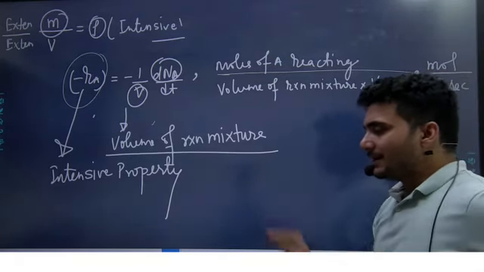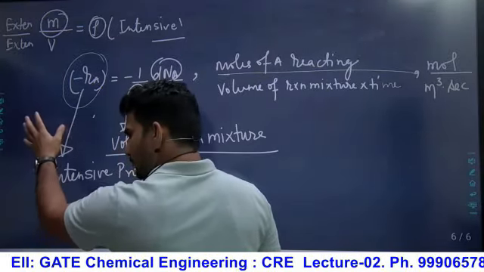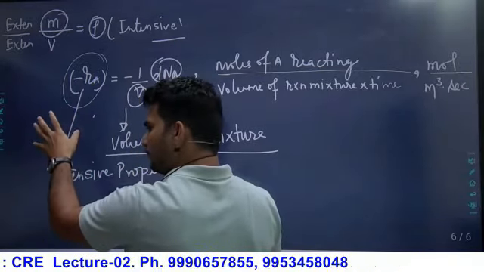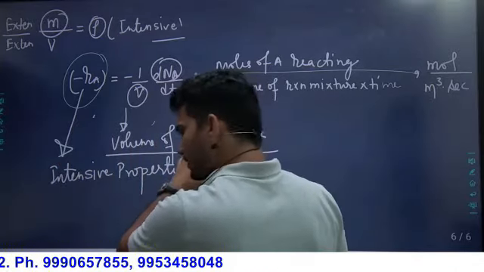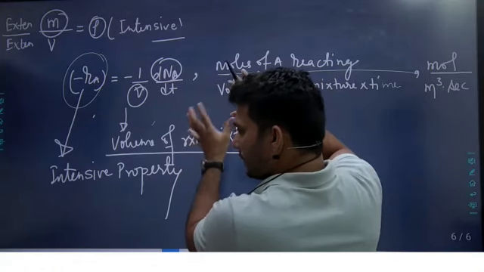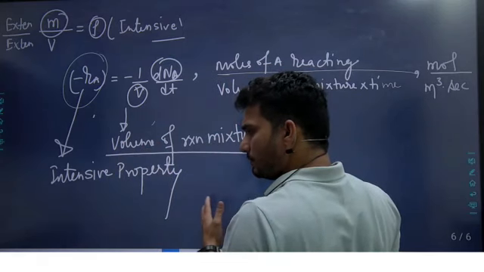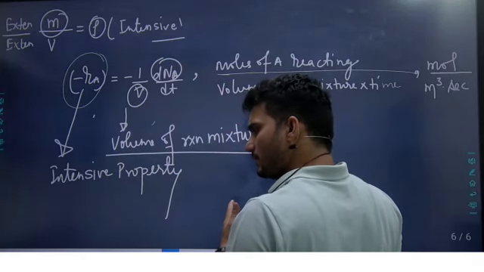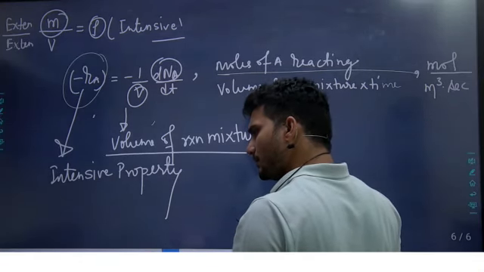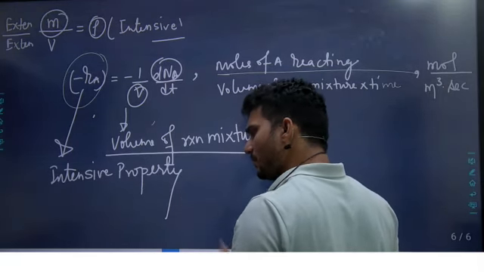Why are we making it intensive? Because in the starting you are taking small feed, very few moles of A. In another condition you are taking very large moles of A. We are giving the same time. So what do you find? That the rate will be the same. In the starting the rate was depending on the mass.